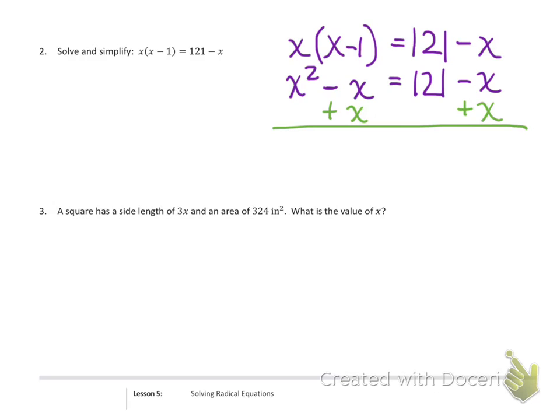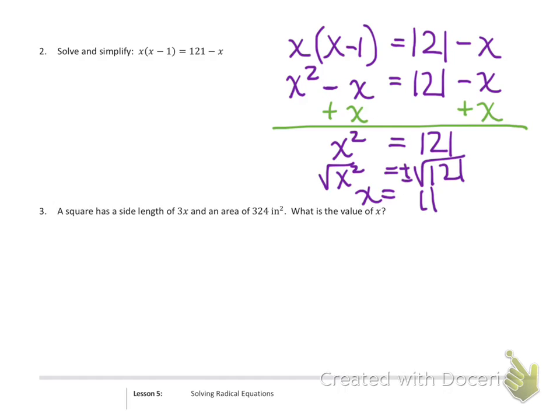So this leaves me with just x squared on the left-hand side, and on the right-hand side, it leaves me with 121. Okay, and then I have the square root of x squared is equal to the square root of 121. So x is equal to 11.